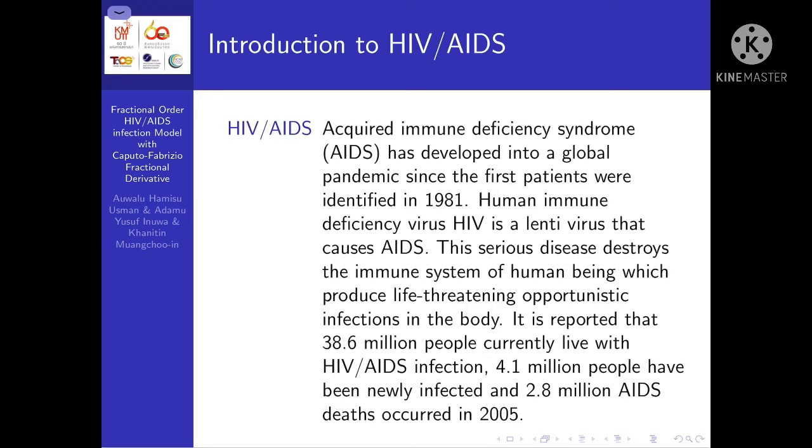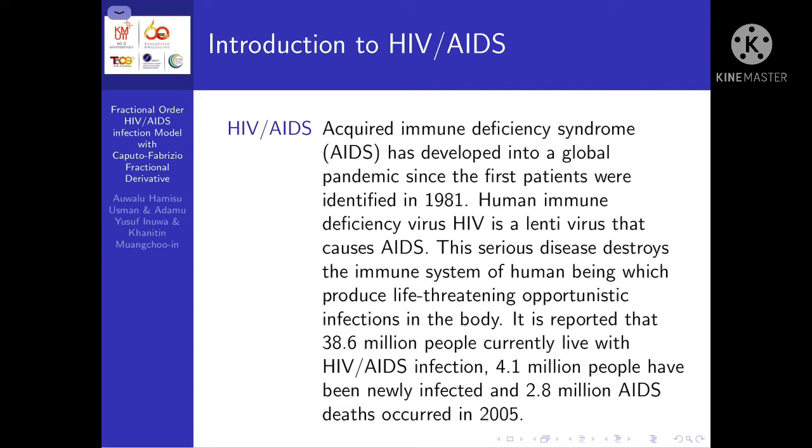The human immunodeficiency virus, HIV, is a lentivirus that causes AIDS. This serious disease destroys the human immune system, which produces opportunistic infections in the body.